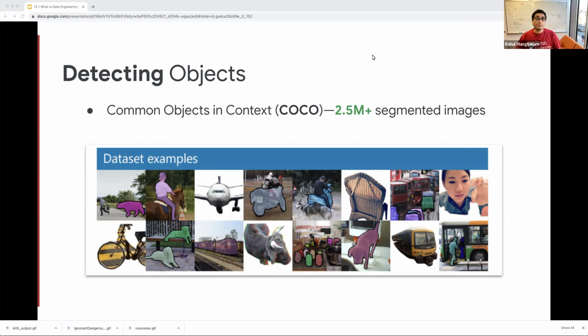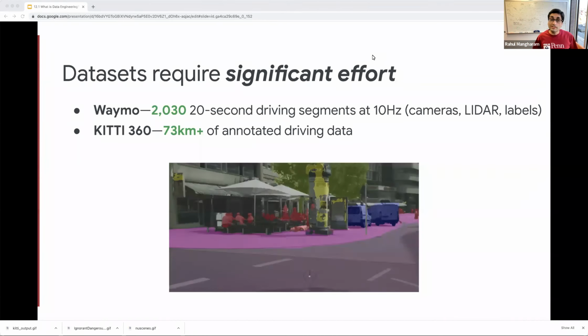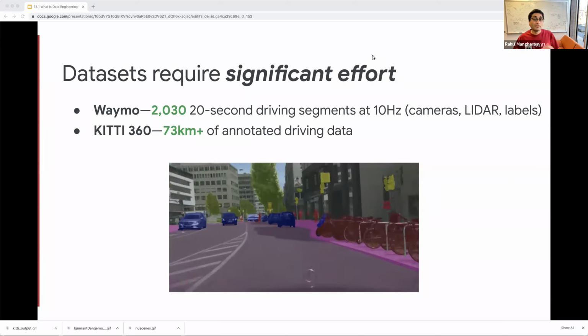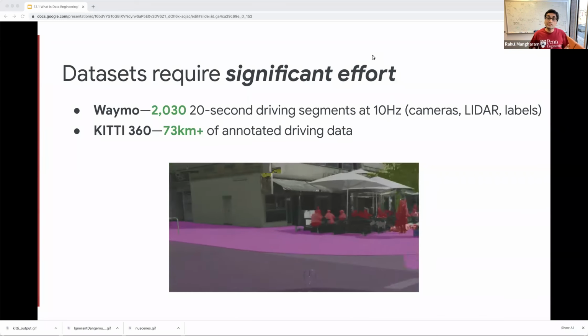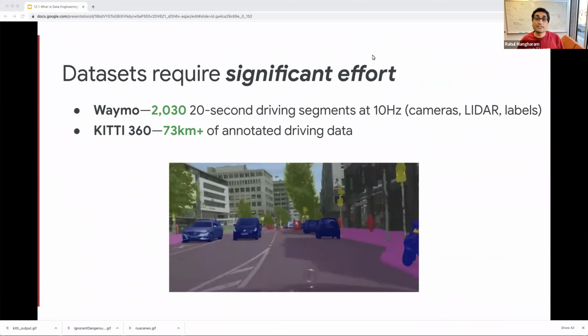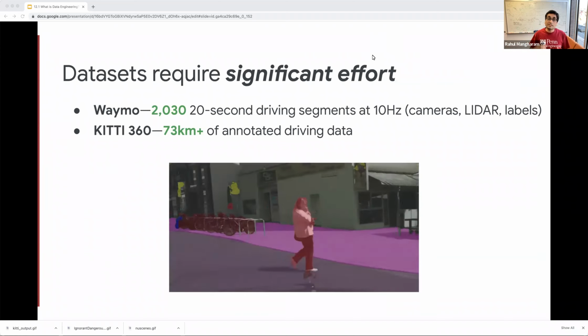So I'm trying to give you an example of the scale of these data sets. And if you look at the driving data sets like Waymo's Open Dataset or KITTI-360, again, here you can see it's a huge volume of data. Waymo, for instance, has nearly 1,000 20-second driving segments of information that comes from cameras and LiDARs.